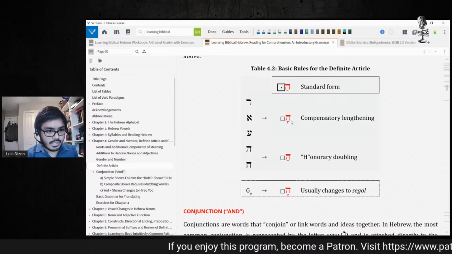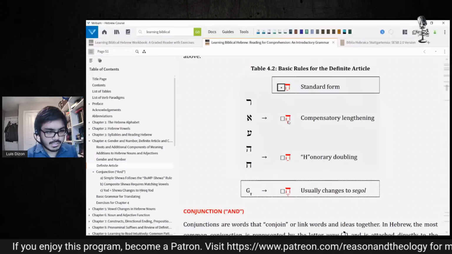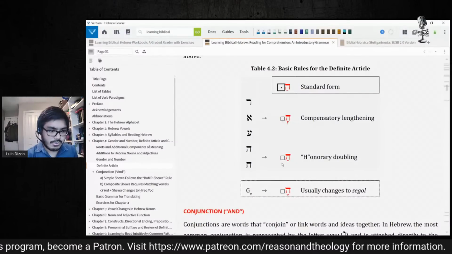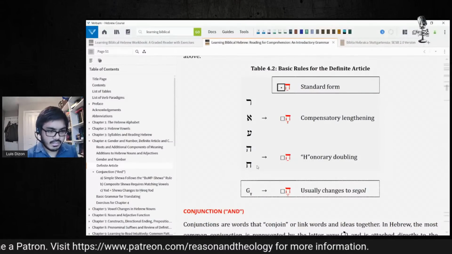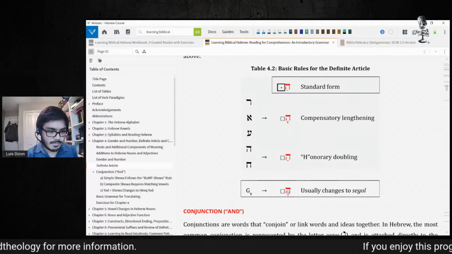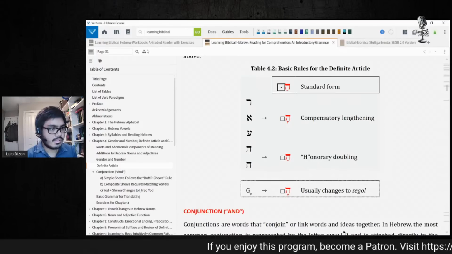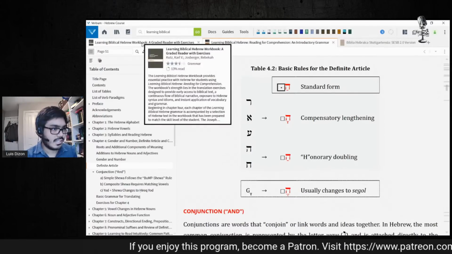And then you have compensatory lengthening, which comes after gutturals. So instead of a patach, you get a kametz and no dagesh. Honorary doubling comes after a he and a chet, and it also has a patach but no dagesh. And then the he with the segol, which comes after certain letters that have a kametz underneath them.